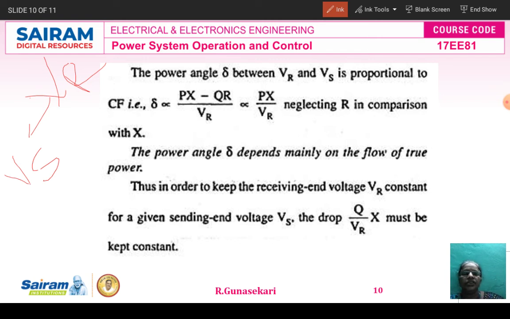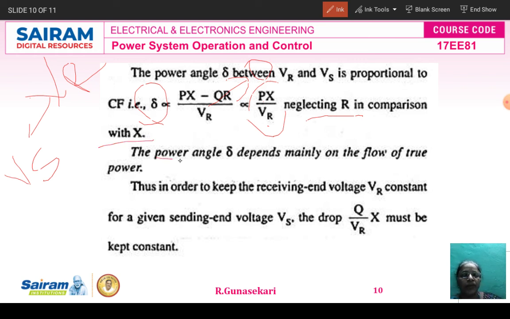So finally Vs is PX divided by VR minus QR divided by VR, which is directly proportional to PX divided by VR, because we have to neglect R. Neglecting R means the QR term goes to 0. Finally, we are getting only PX divided by VR, that is the receiving end. So therefore the power angle delta is proportional to PX divided by VR. We have to neglect R compared with the reactance X.